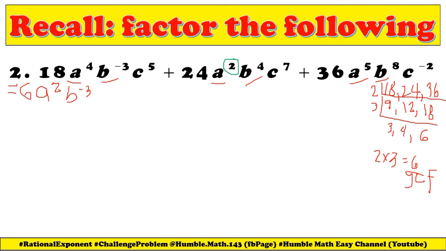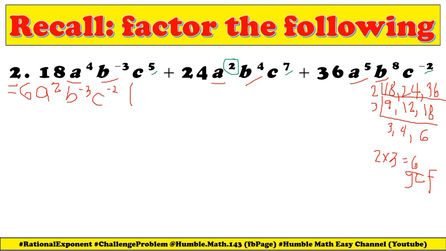Meanwhile, in the C, we have here 5, 7, and negative 2. So the thing that we should do is remove the c to the negative 2 as our first factor. Now we have the parentheses.